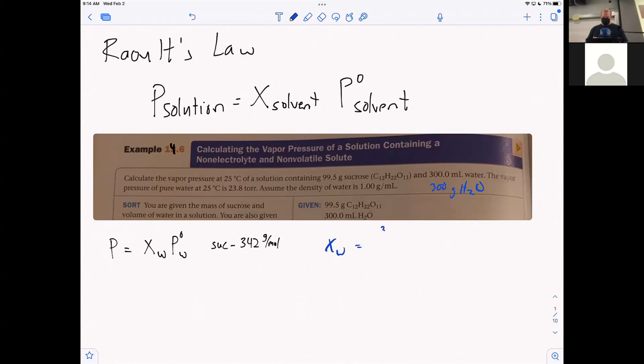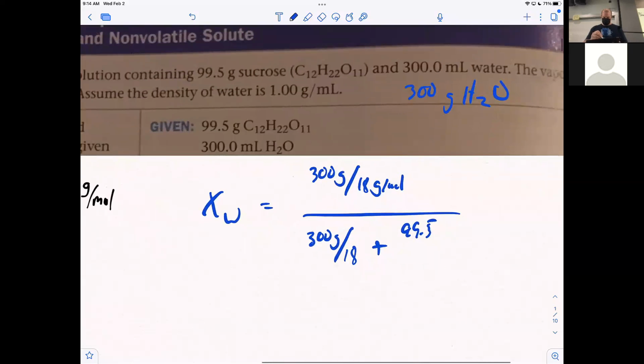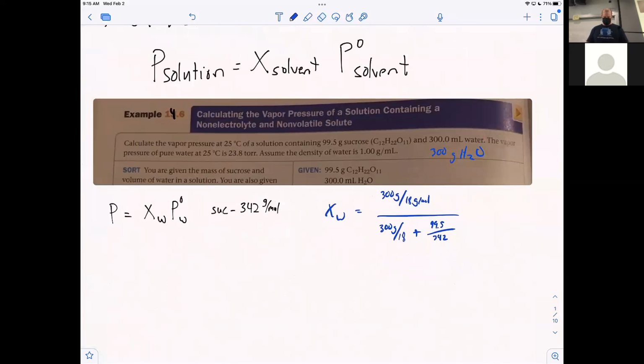It's the moles of water, 300 grams divided by 18 grams per mole, all over the total moles, which is the moles of water plus the moles of sucrose, 99.5 divided by 342. So this right here gives you the mole fraction of water.